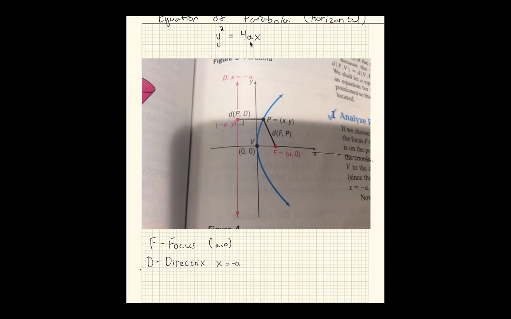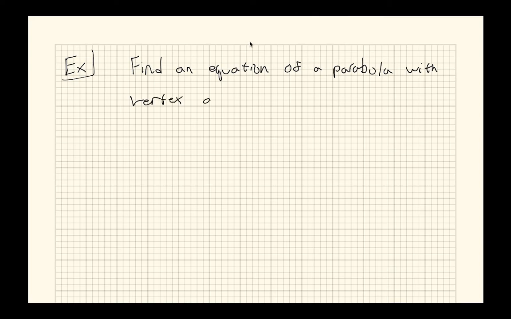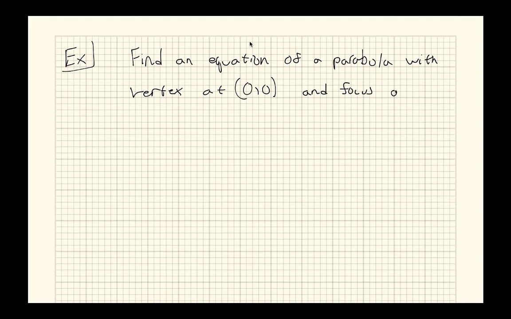All right, so let's go ahead and look at an example. Find an equation of a parabola with a vertex at 0, 0 and focus at 3, 0.